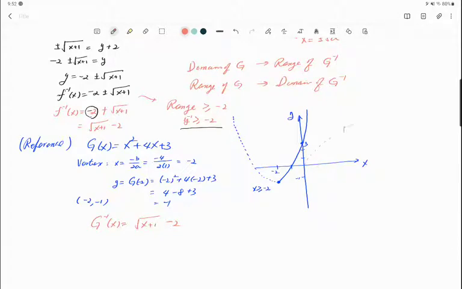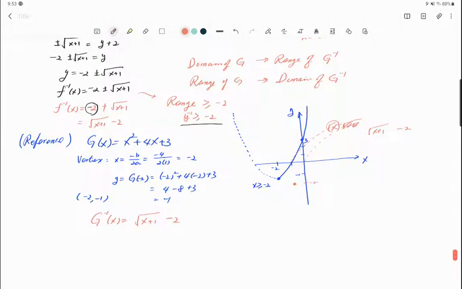Then the square root of x plus 1 shifts this graph 1 unit to the left, so it's going to be something like this. And then minus 2 means bring this one 2 units down. So when x equals 0, then y equals negative 1. So the graph looks like this.